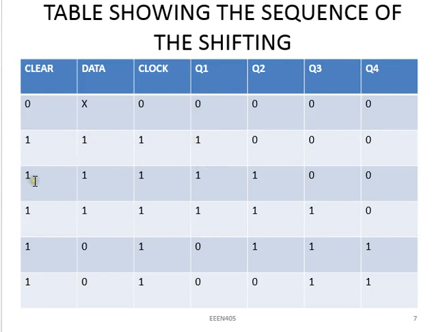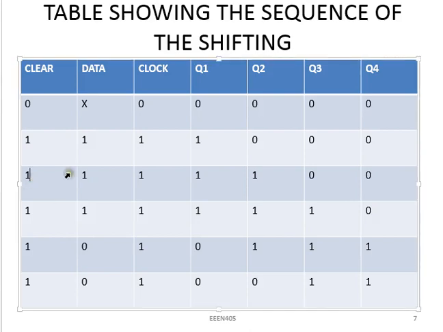Then at the next stage our clear is 1 and the clock is 1, and this is our input data, it will enter this place, so that this one will move to the next place, while the last 0 here should go out. When you deliver another 1, it will shift, where the last 0 should go out.